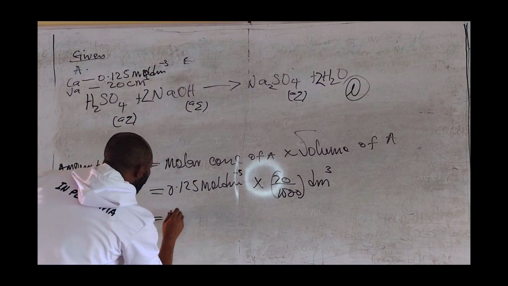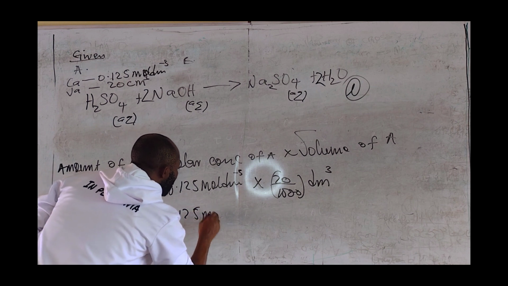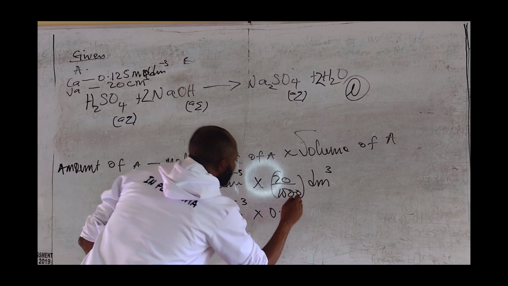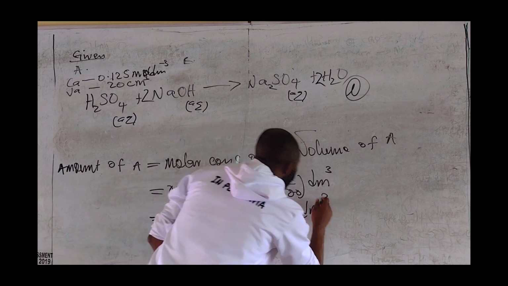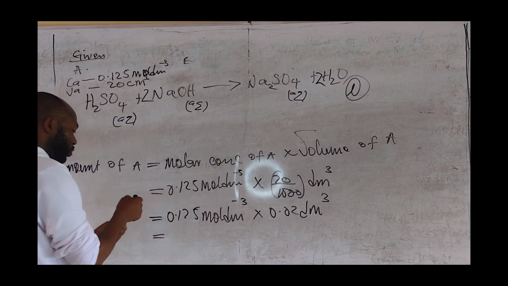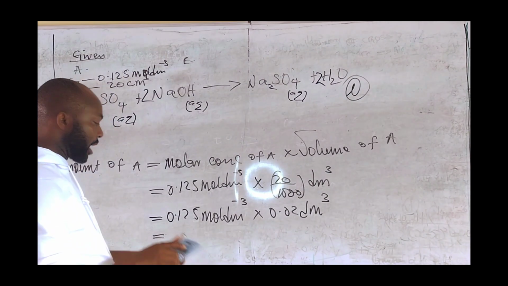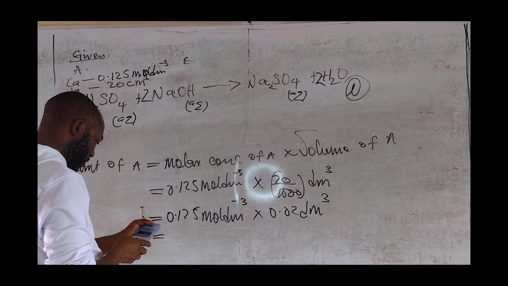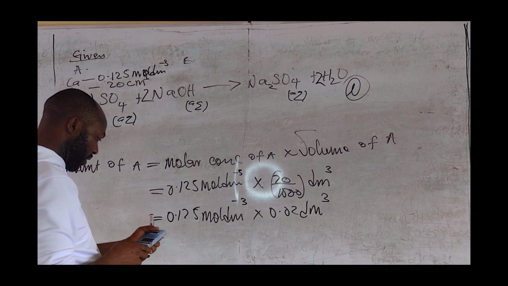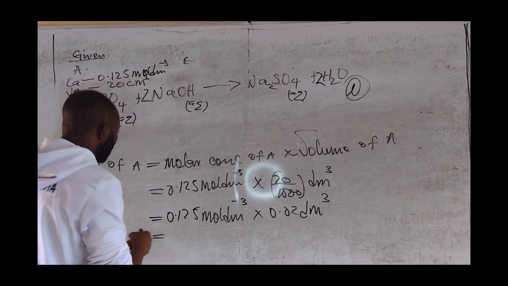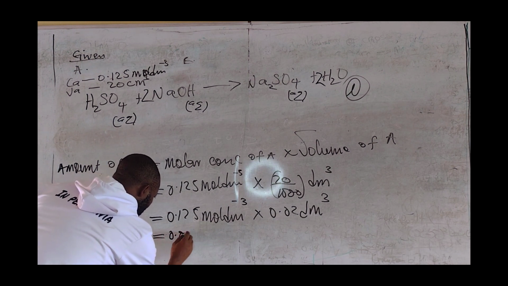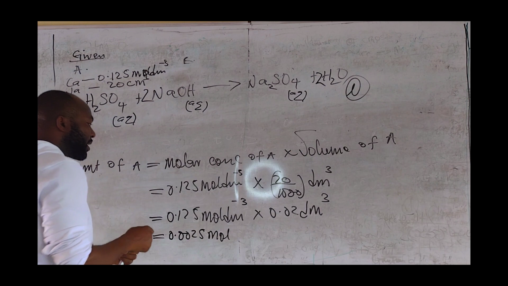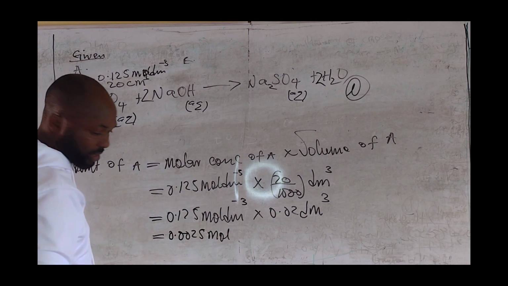So this is 0.125 mole per dm cube times 0.02 dm cube. When I multiply these two, I get the amount of A, which is 0.0025 mole. So this is the amount of the acid.